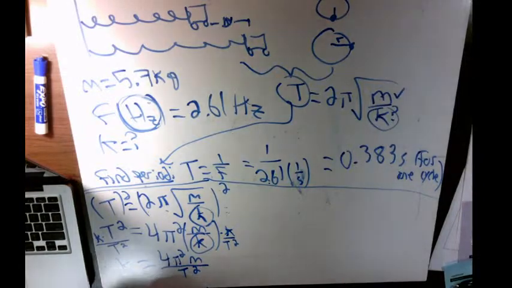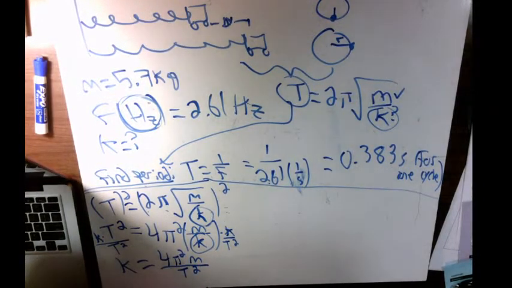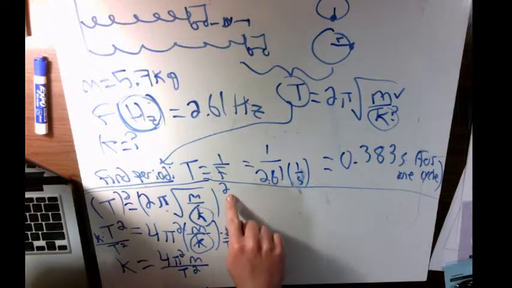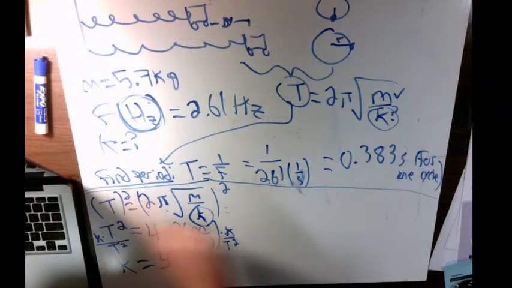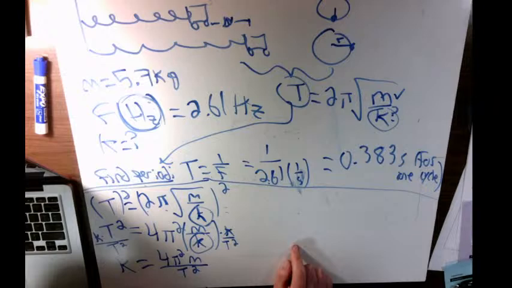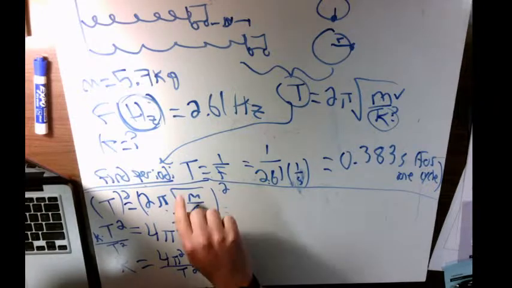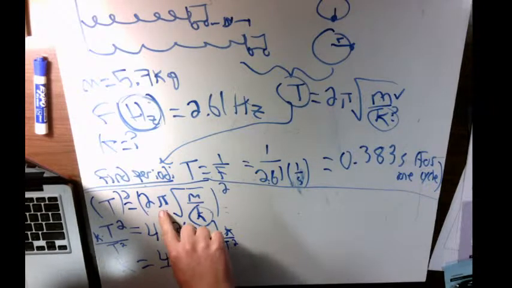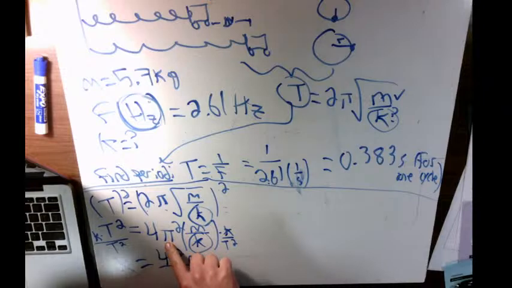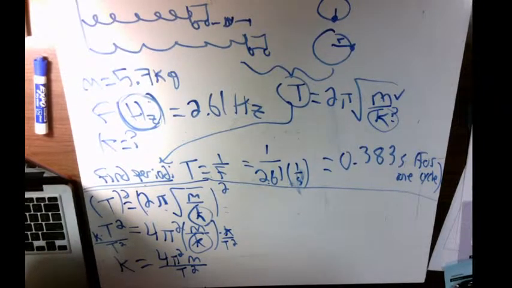This is fairly difficult algebra. You're going to be doing it a lot though, so remember to apply your square to all aspects of our equation in order to cancel out our square root. Don't forget about the 2 pi becoming 4 pi squared. That might be an easy mistake to make.